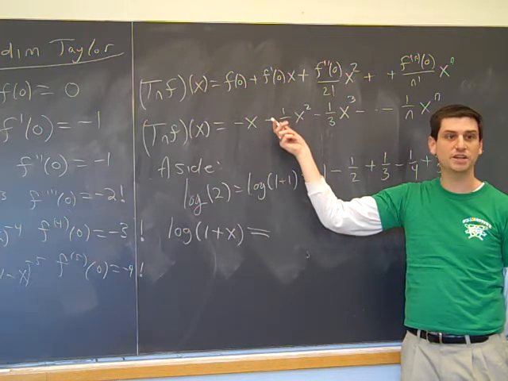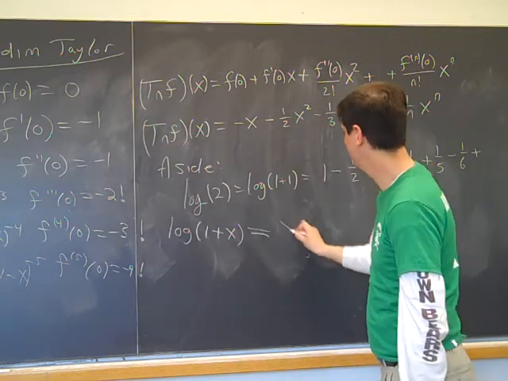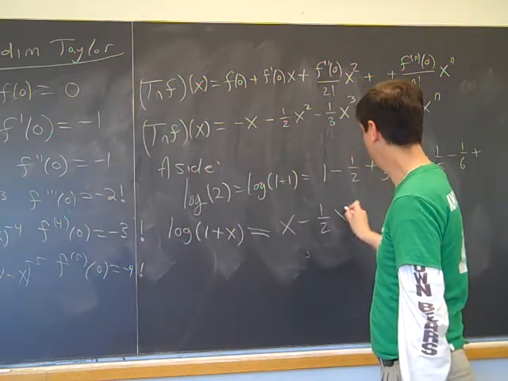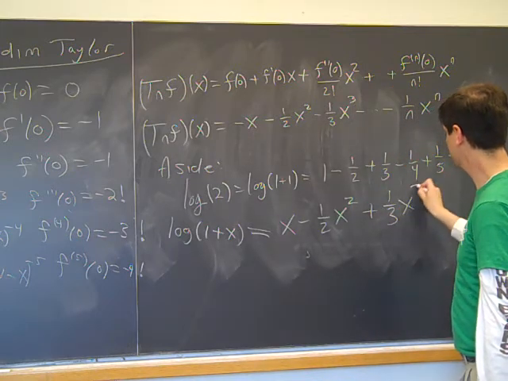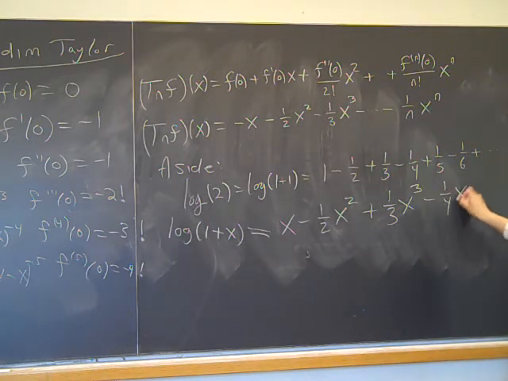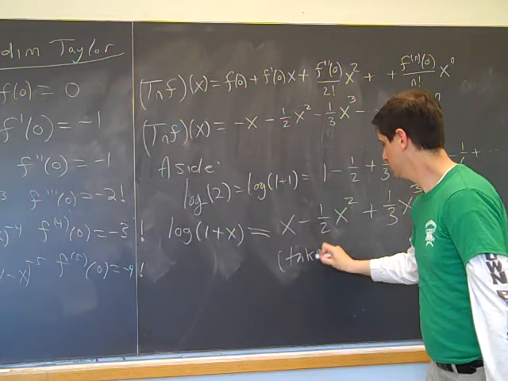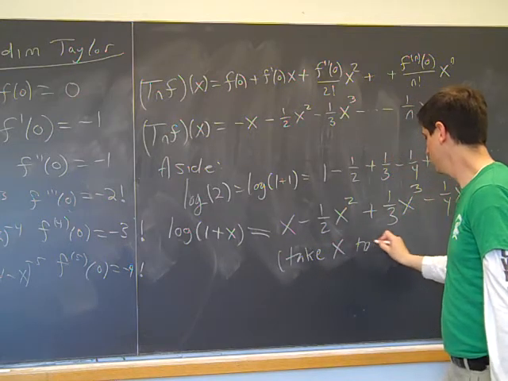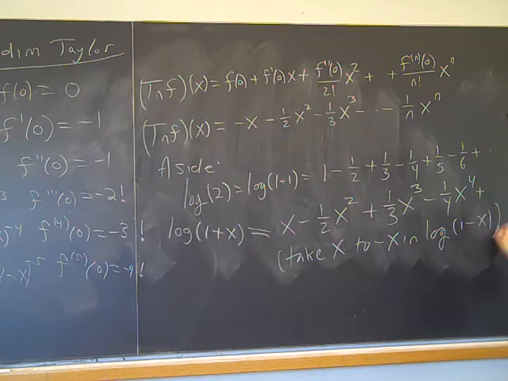That saves me a lot of time, and I get x minus 1/2 x squared plus 1/3 x cubed minus 1/4 x to the 4th. So this is taking x to minus x in the log of 1 minus x. If you can observe that, it's going to save you a lot of time. If not, just do the calculation again.